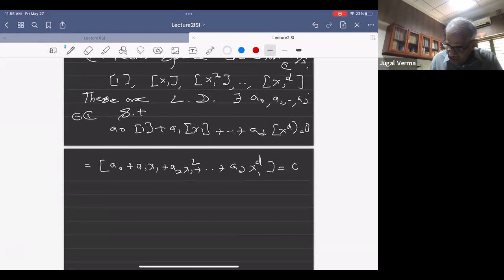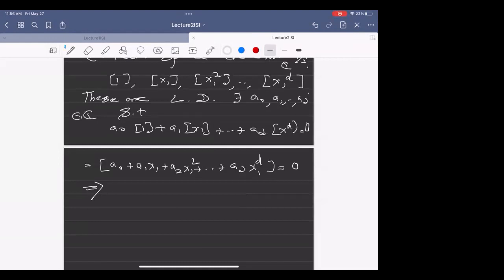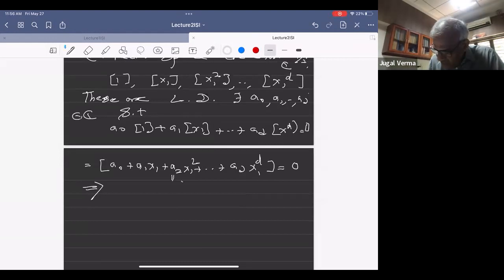That residue class is 0. What does it mean? Residue class of a polynomial is 0 in R mod I means what? This polynomial belongs to I. So let us call this polynomial f1(x1). So that means f1(x1) is in I.